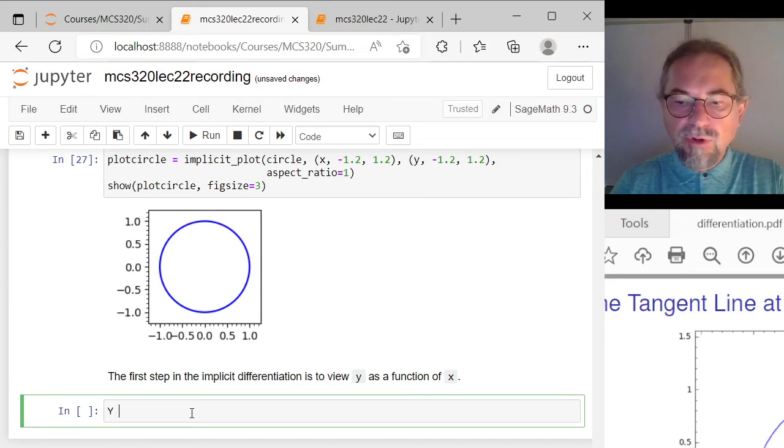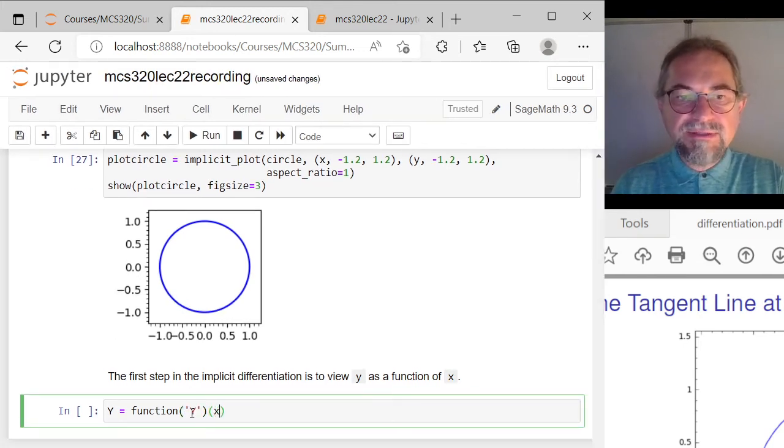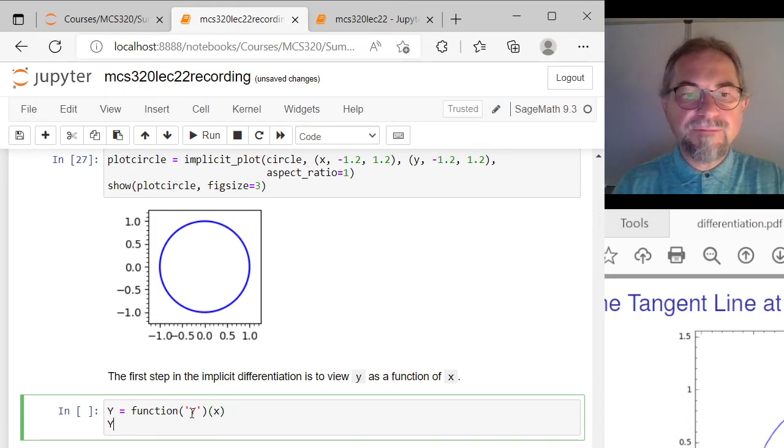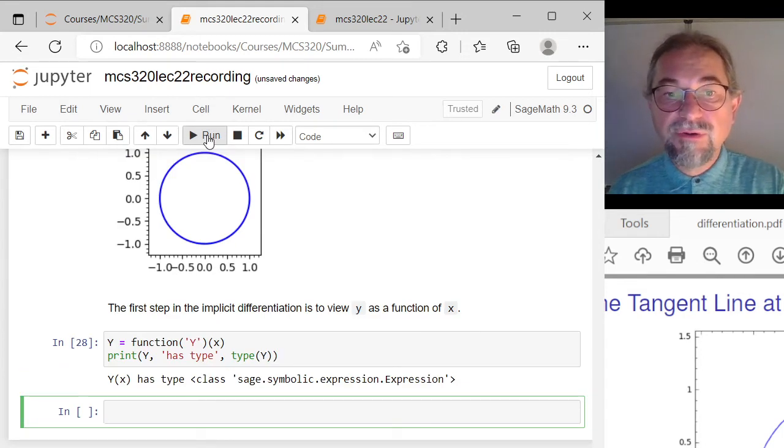I will go through a new variable. I will call this capital Y. And y is a function of x. So the capital Y is actually also an expression. But what's the point?